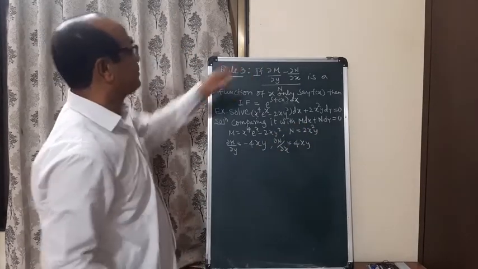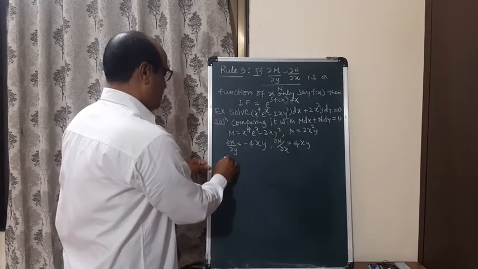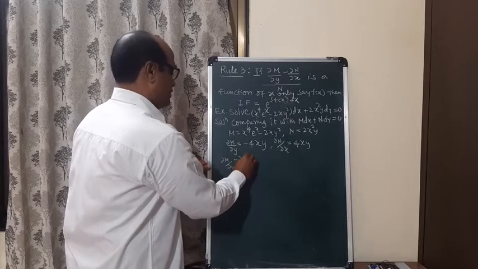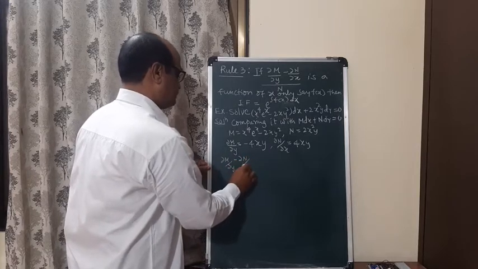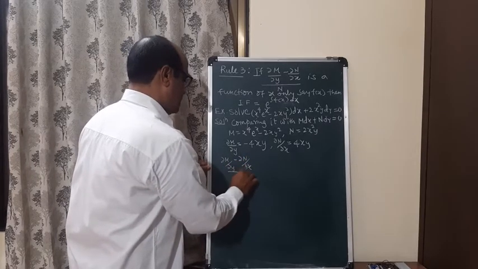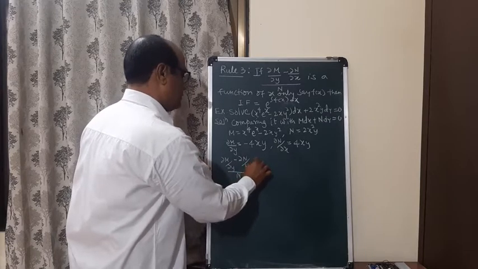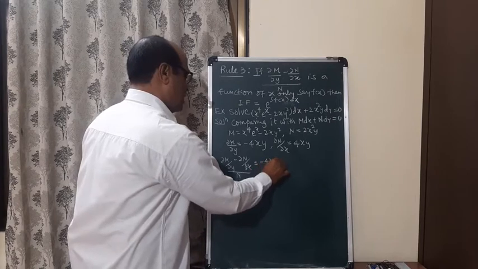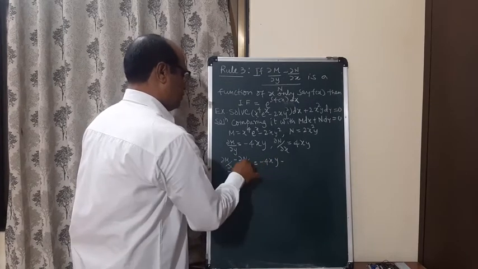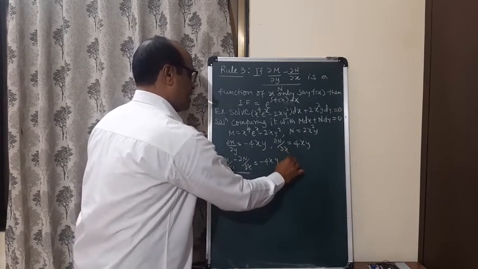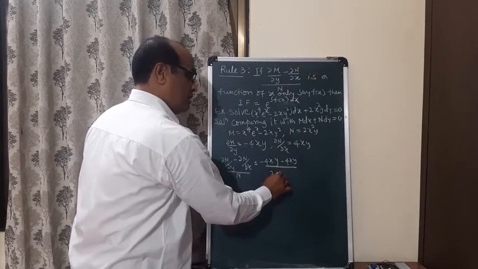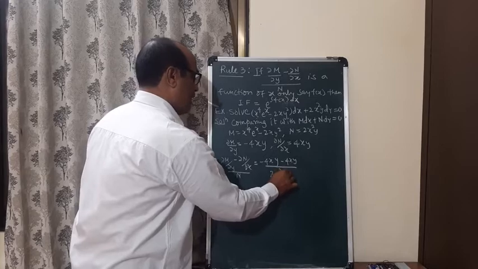So now we take this formula: (∂M/∂y − ∂N/∂x) divided by N is equal to. So what is ∂M/∂y? −4xy, minus ∂N/∂x, 4xy, divided by N, which is 2x²y.